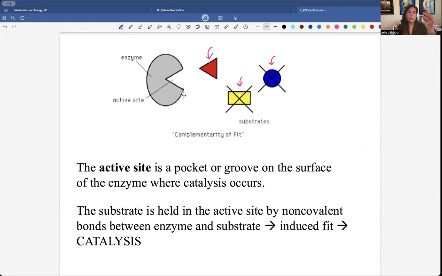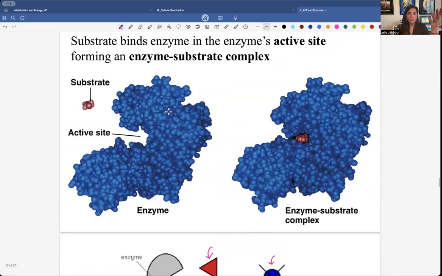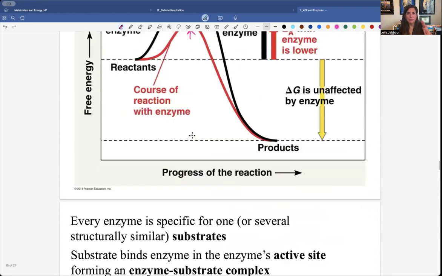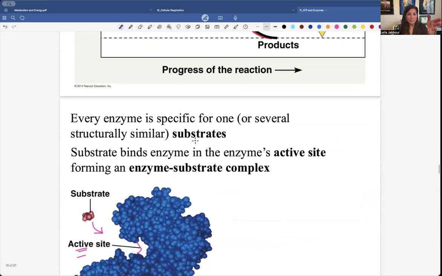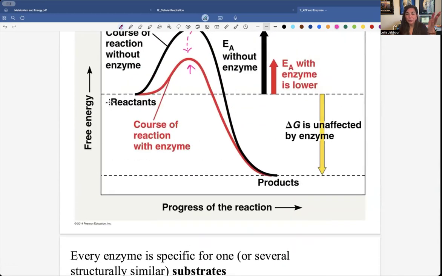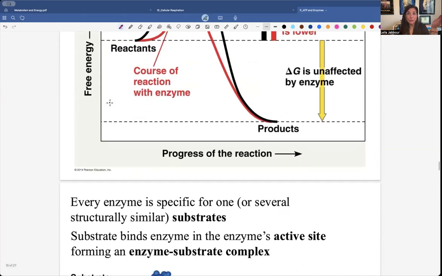And I've been using the word substrate and reactant kind of interchangeably, because we also describe a reactant as a substrate. I'm now realizing that might have been confusing, because there are two words being used for the same thing.